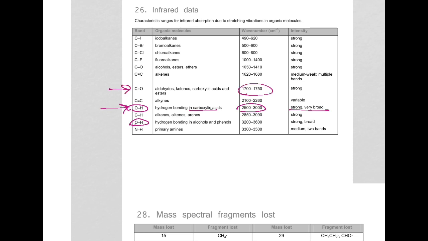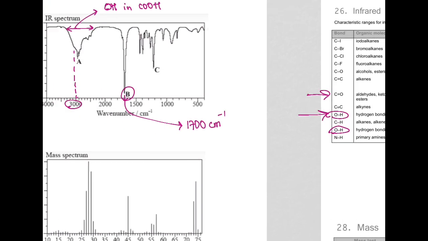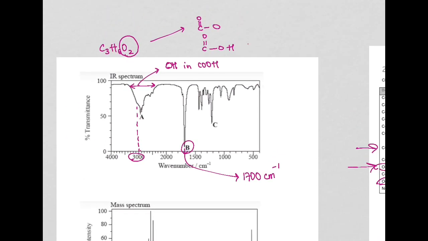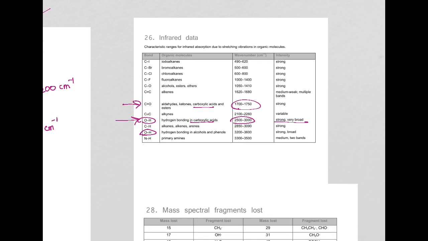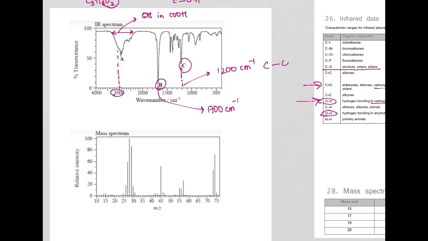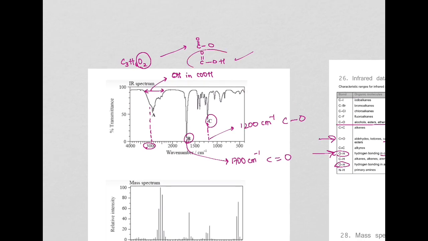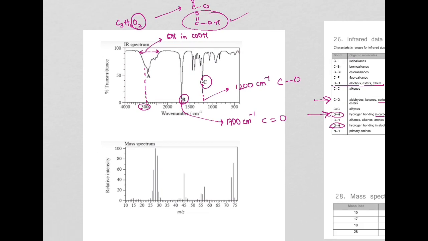So this is in carboxylic acid, so it confirms that it is COOH. And here you have a stretching at around 1200 centimeter minus 1, and if we check here around 1200 you have the C-O. So this is the C-O, this is the C double bond O, so it confirms that it contains C double bond O, OH.